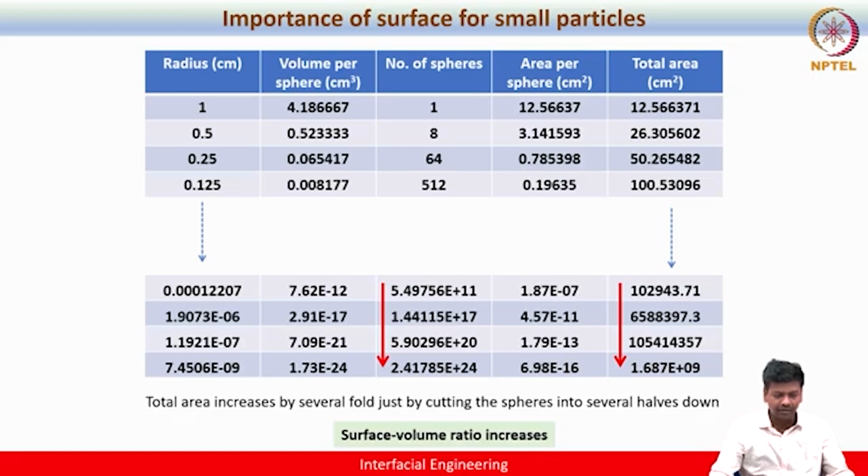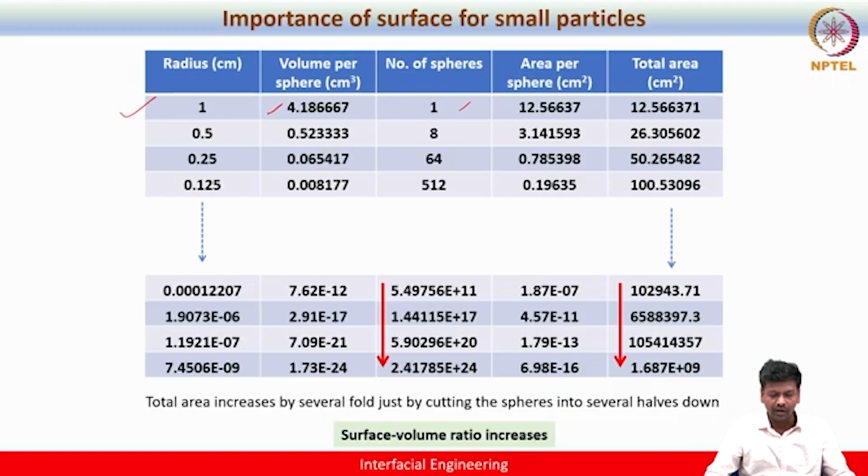As you can see here, we are going to do one simple exercise. Let's say we take a simple spherical object, which is 1 centimeter in radius, right? If you want to calculate the volume, because we have only one spherical object, we can calculate it using the formula 4 by 3 pi r cube, and then we know that we have got only one sphere.